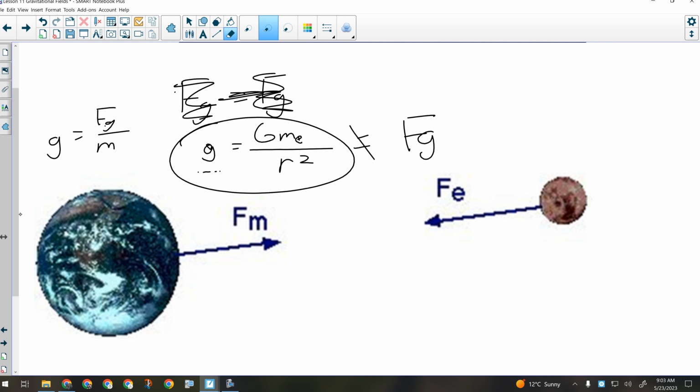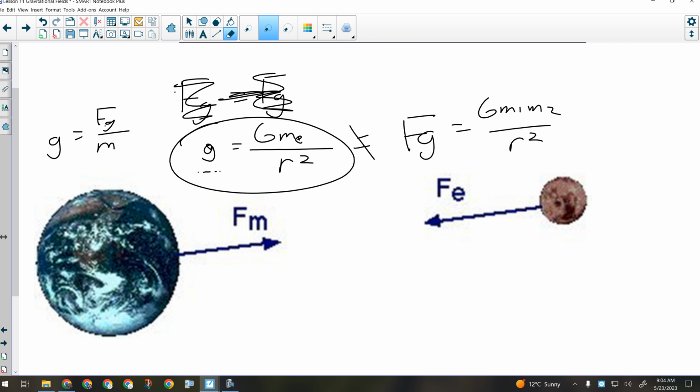If I make a question and it says, calculate the gravitational field strength, and I italicize, underline, and boldface gravitational field strength of a 75 kilogram person on Earth at this point, a third of people will do this. Is that gravitational field strength, or is that force of gravity?